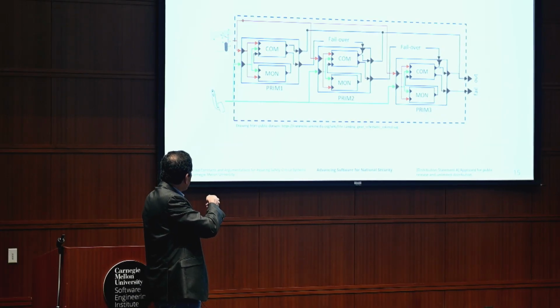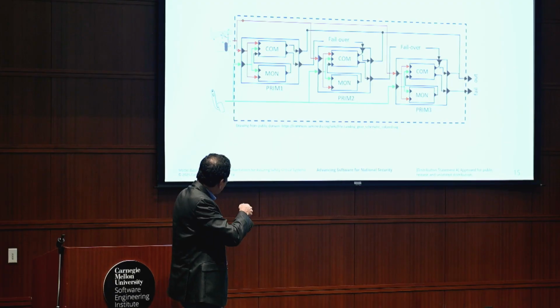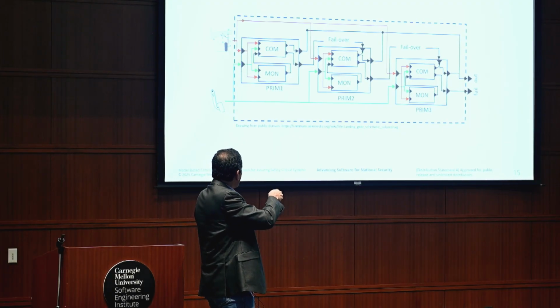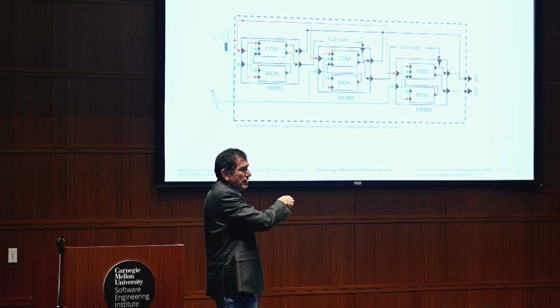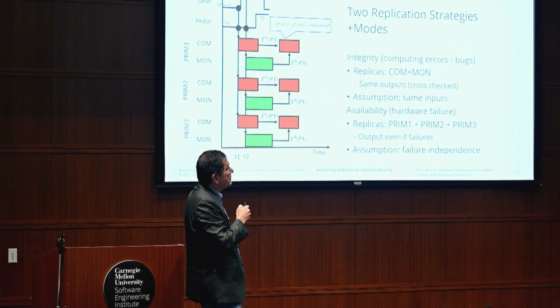And of course, all three of them read the weight on wheels and also get the input from the pedal. So what happened is, if one fails, the other one fails over until it goes to manual, if you will. And that is exactly what happened.